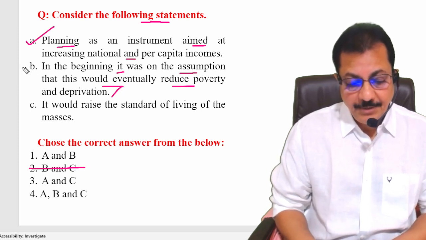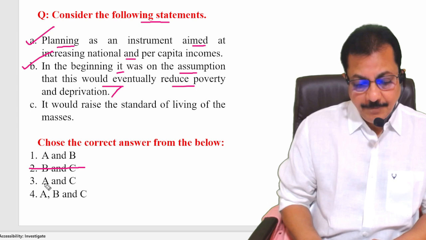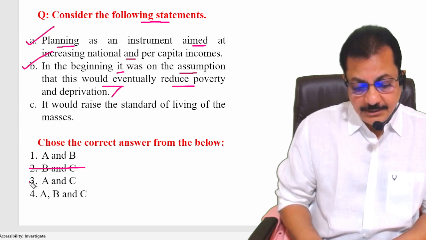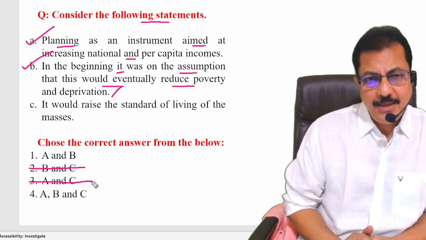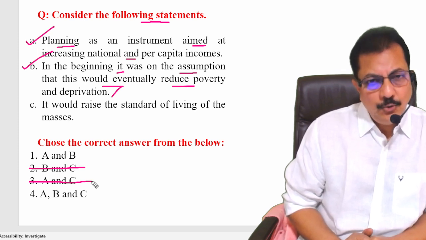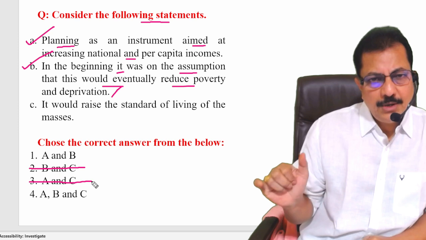So statement B is also correct. When I am sure my statement B is correct, then obviously option 3 is not the correct one, because in option 3 I don't have B. Is that clear? So I have eliminated option 2 and 3. I am left with option 1 and option 4.